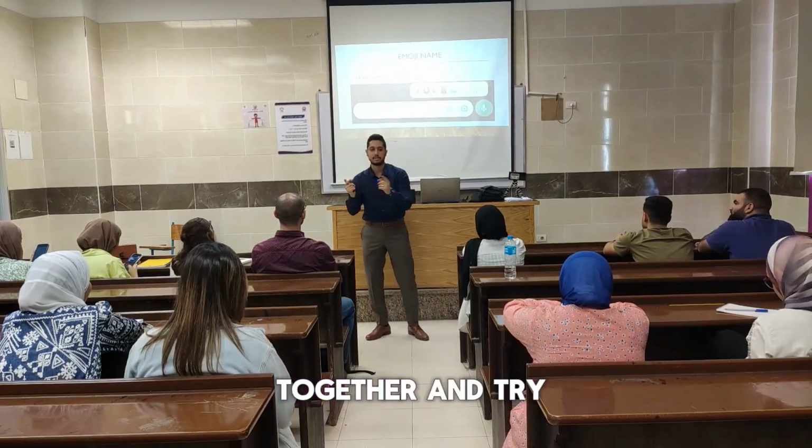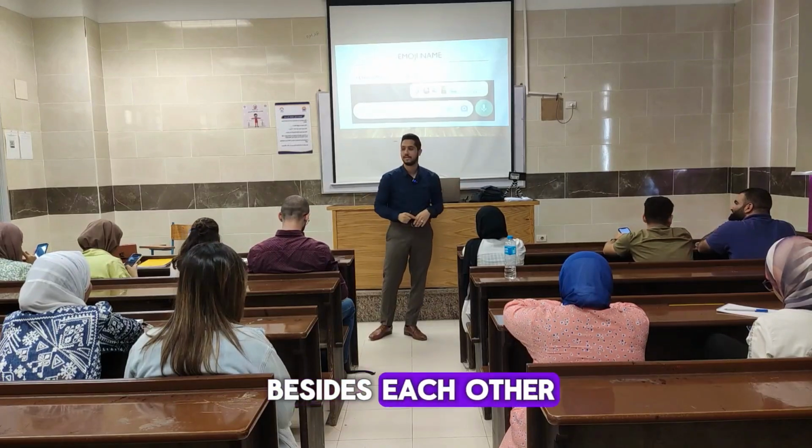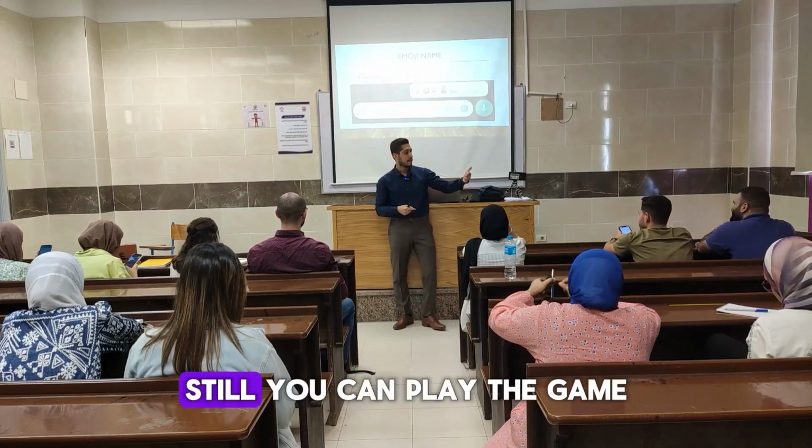Okay, then you talk together and try to guess each other's name if you don't know the person. That's why I asked you not to sit beside each other. Still, you can play the game. Can you do that?